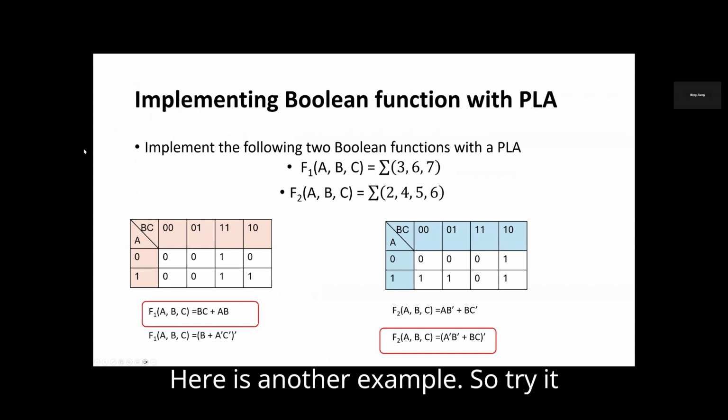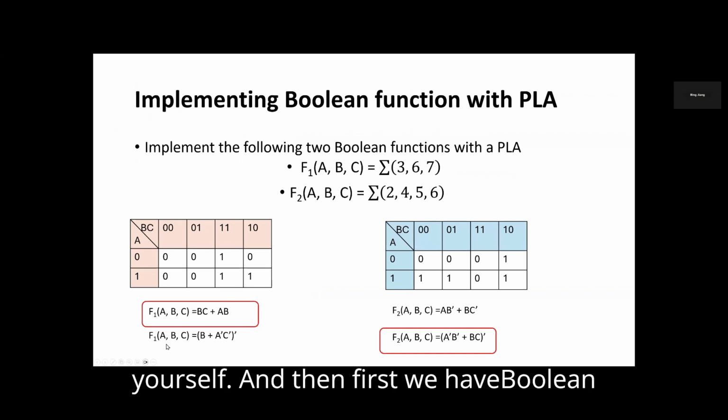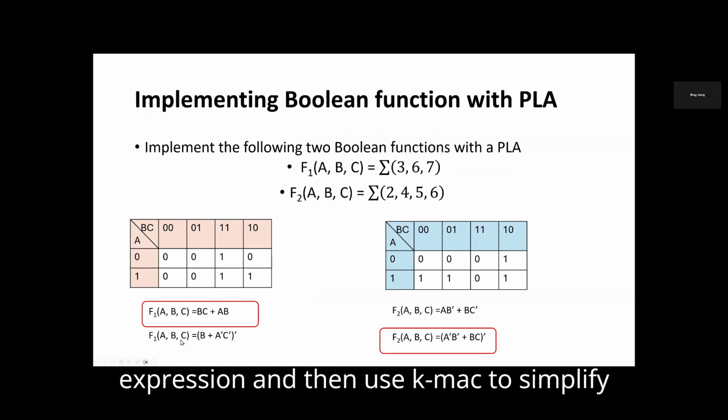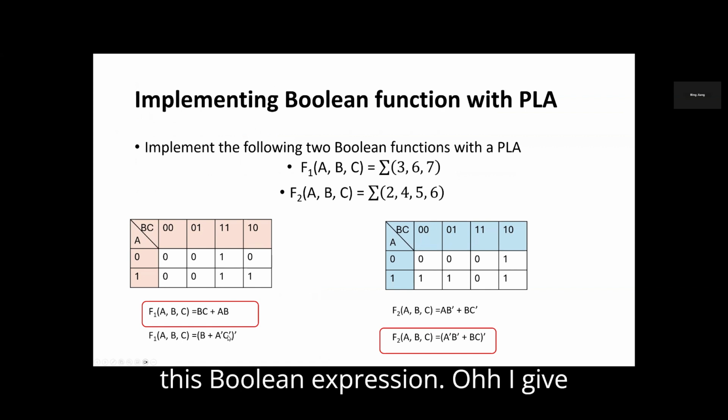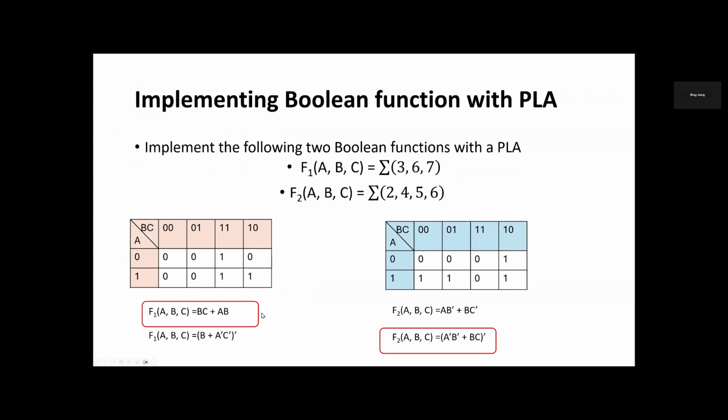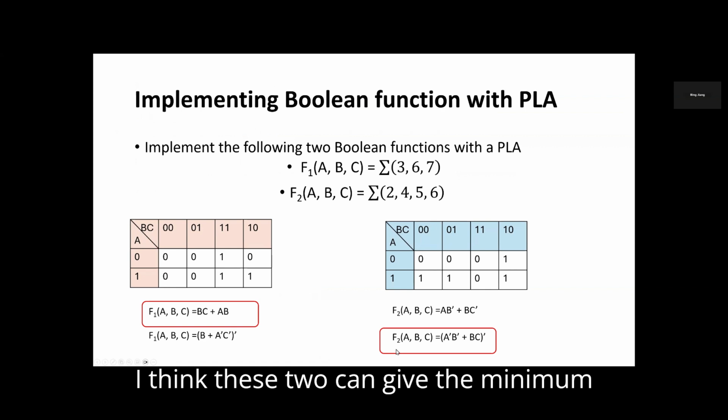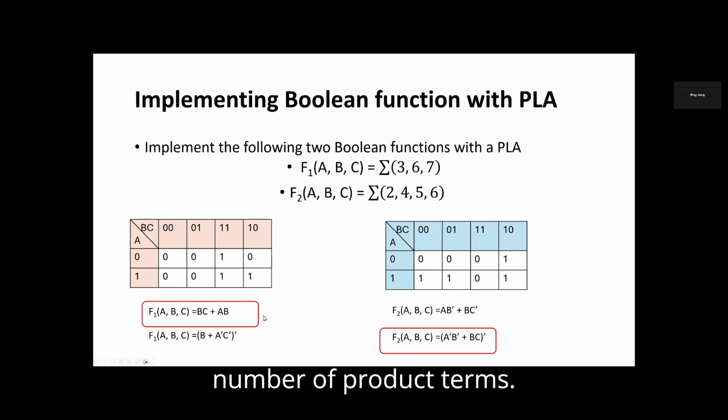Here is another example, so try it yourself. First we have the Boolean expression and then use Kmap to simplify this Boolean expression. I give you some reference example solutions here, so you can try it yourself. For F1, I think these two can give the minimum number of product terms.